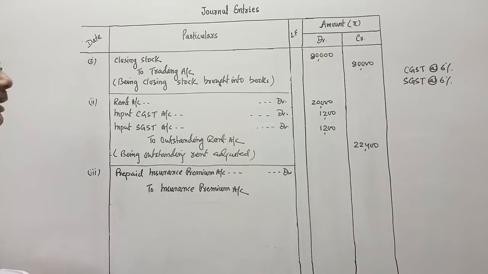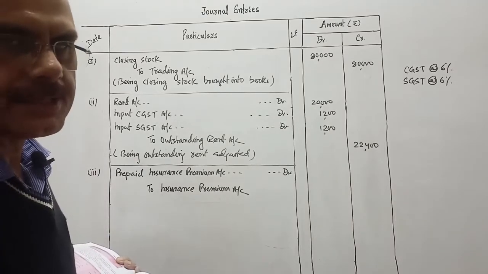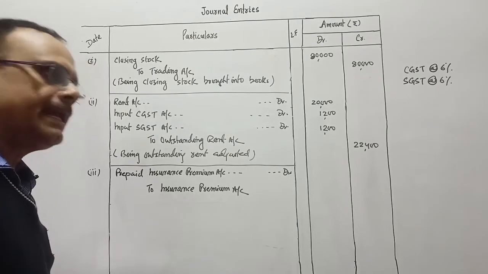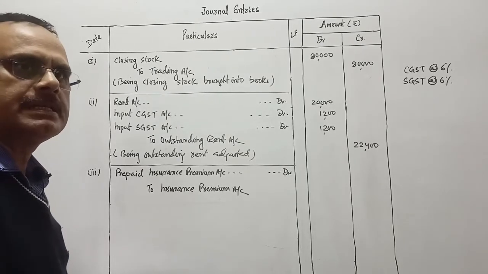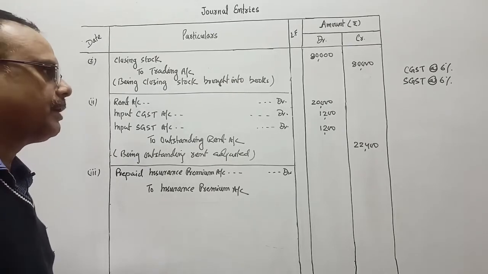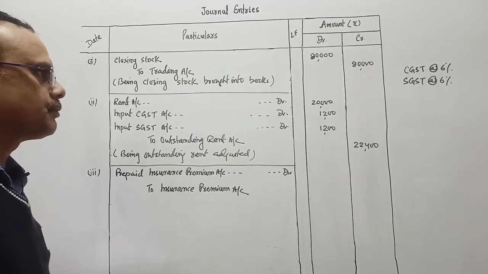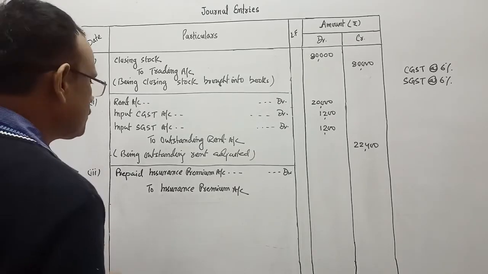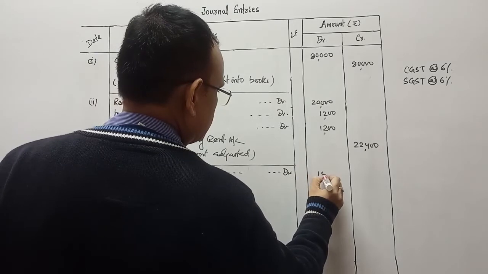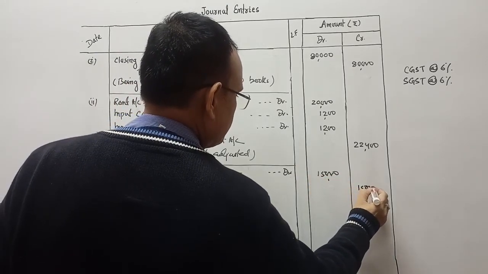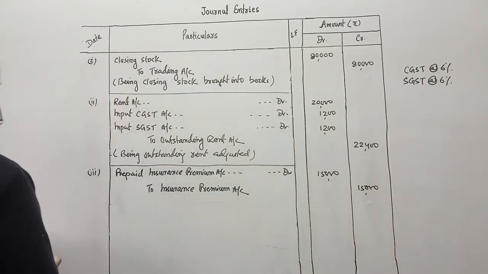Here we are not going to record the CGST and SGST, because in case of prepaid, when we paid it, CGST and SGST was debited at that time. So we are not going to record this at the time of the adjusting entry. The amount of insurance premium paid in advance is 15,000.